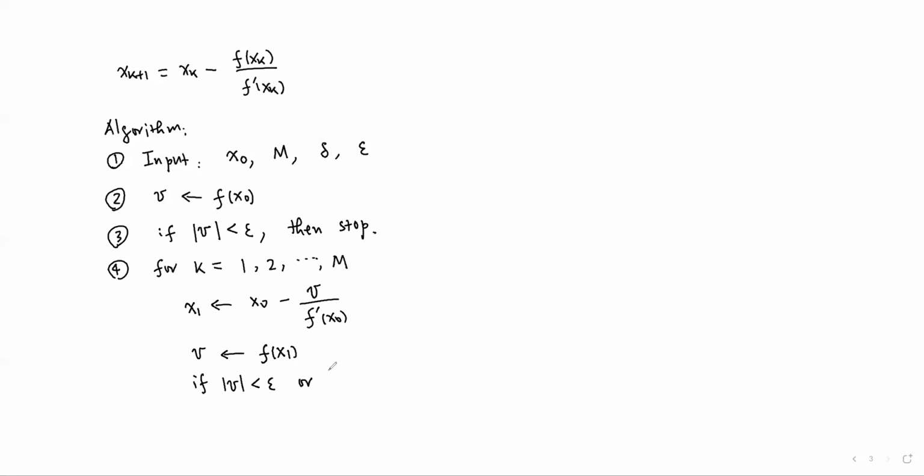Or x1, the current approximation to the root r, minus x0. x0 is the approximation in the previous step. If the current approximation and the previous approximation are close enough, we also stop and consider x1 to be the root r. Then stop.